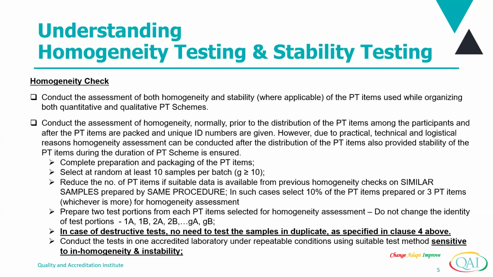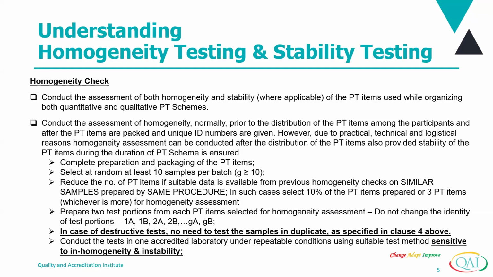Suppose you have already performed the test in a previous round, you have the same material and prior data, and the procedure is the same. In that case you can reduce the quantity of PT items for homogeneity purposes. It can be reduced to 10%. As mentioned, 3 PT items is sufficient for homogeneity purposes.